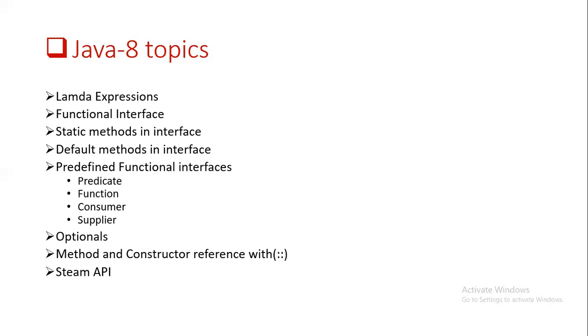It is the main feature of Java 8. By using Stream API, we can do many operations, especially list, set, and map related operations. We can filter, we can sum, we can do comparator and comparable. All those things we can do.